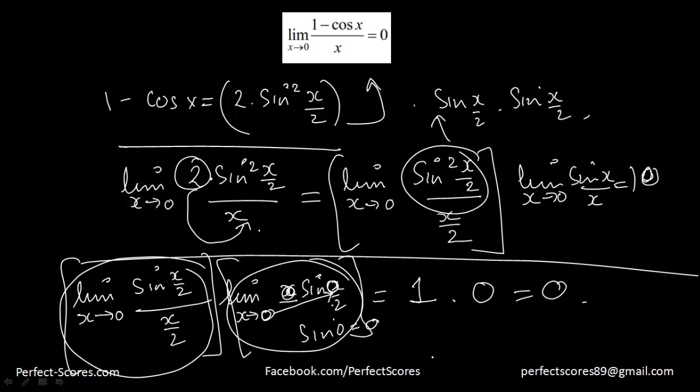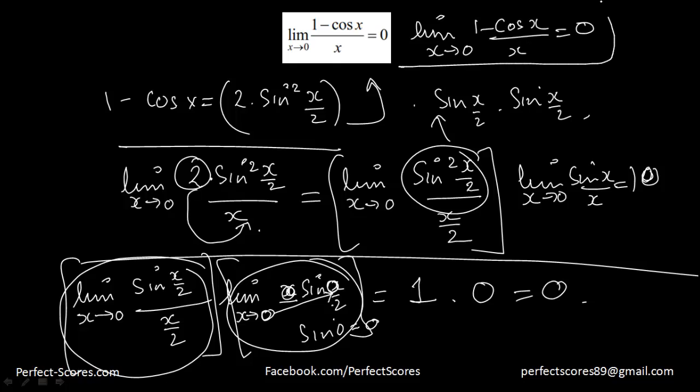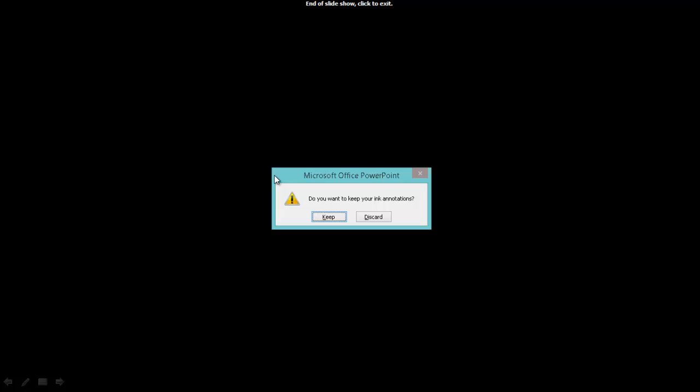So I can say that the limit of x tends to 0 of 1 minus cos of x over x is going to be equal to 0. So suppose you're understanding what I'm trying to say here.